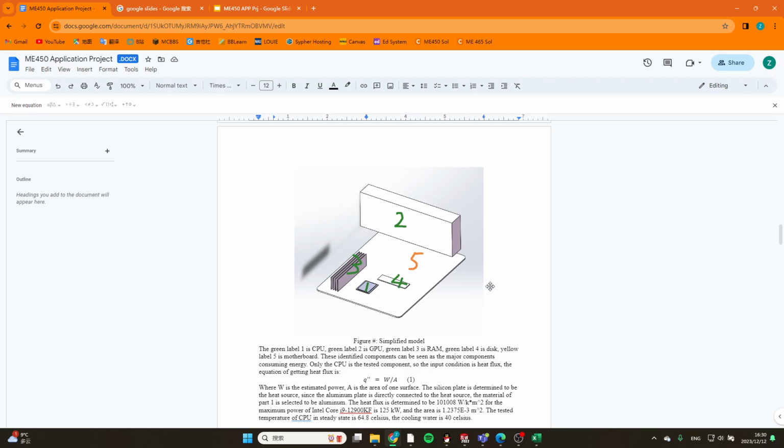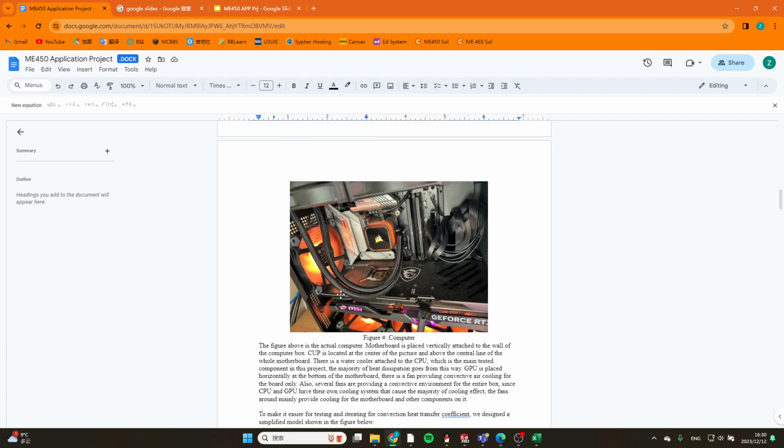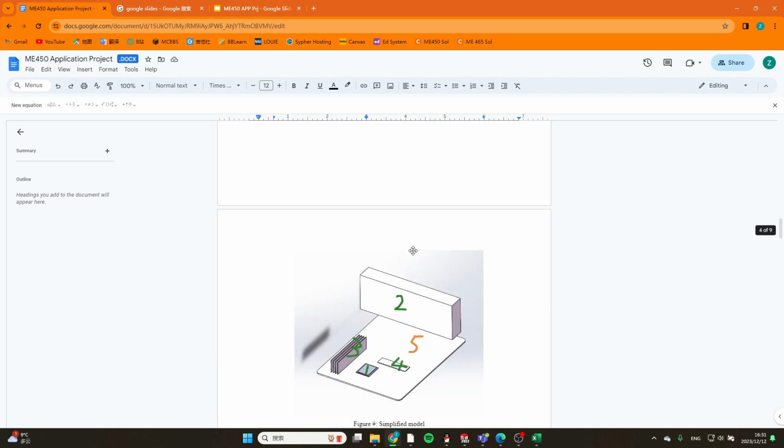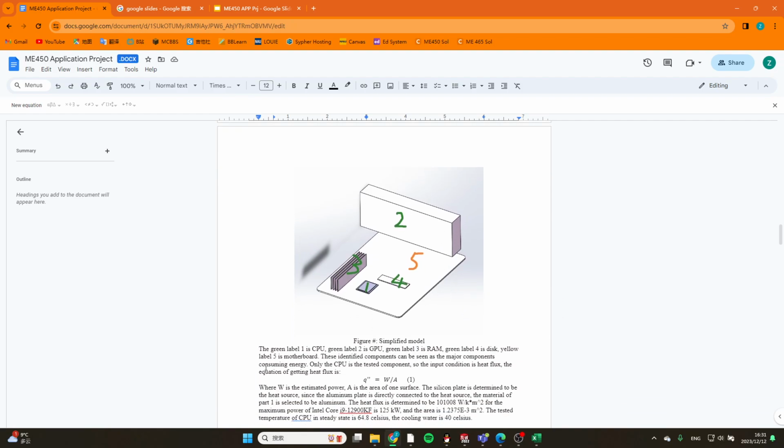And for GPU, this side is dissipating heat, because actually there's only one board right here generating heat. The other side is a huge cooler. So this one is set to be one side of constant temperature and two sides of convective surface.